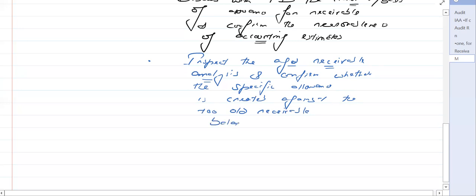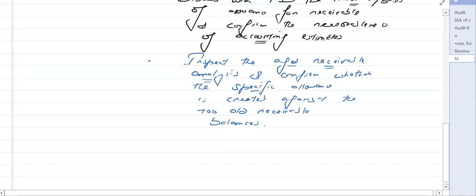Like, for example, there are some balances which are well beyond the credit limit. For example, 30 days is the normal credit limit, and they are not paying from last 120 days. So confirm whether the specific allowance, because we know there's a general allowance for overall receivables, and then we have the specific allowance for specific receivables. So inspect the aged receivable analysis and confirm whether the specific allowance is created against the too old receivable balances.